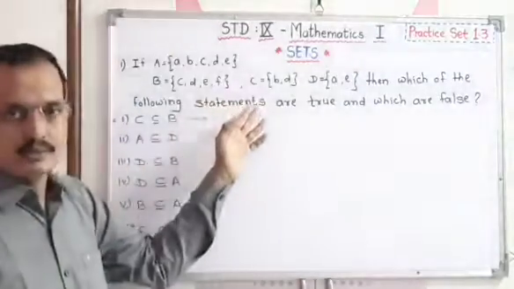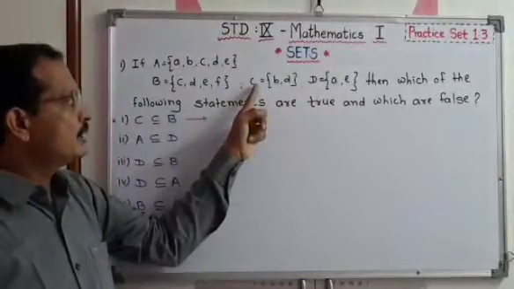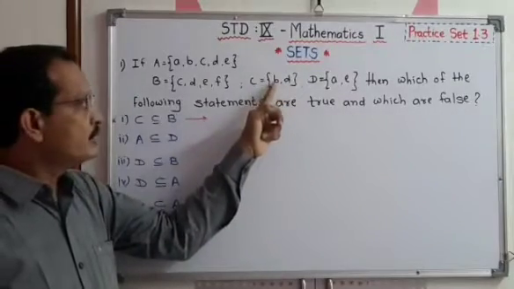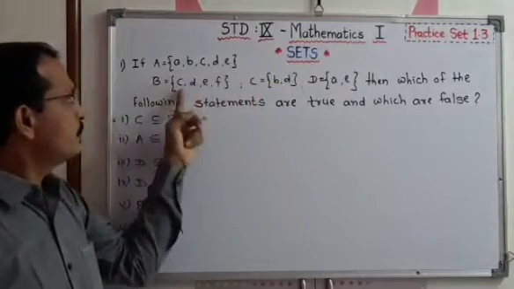Now let's verify this. Set C elements are B and D. Is this B present in set B?